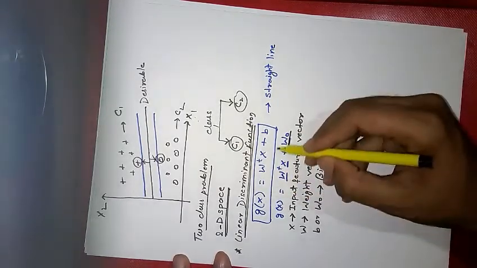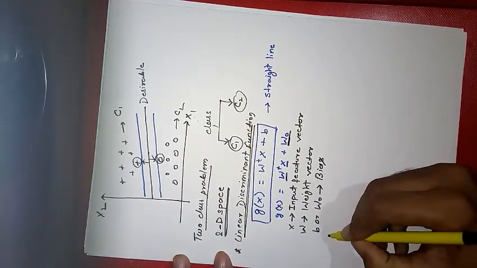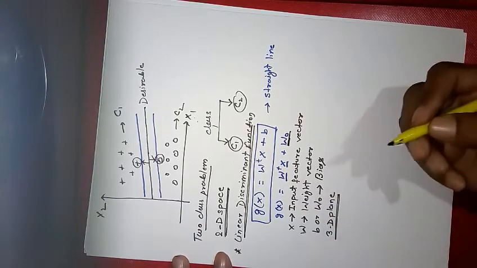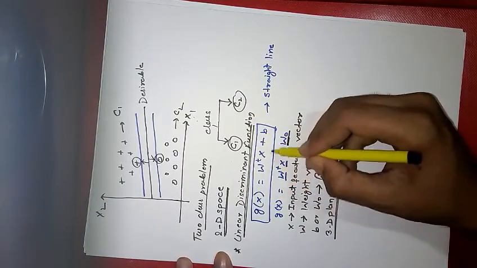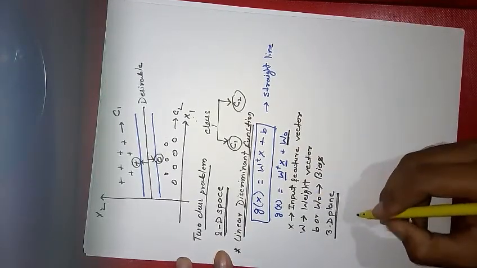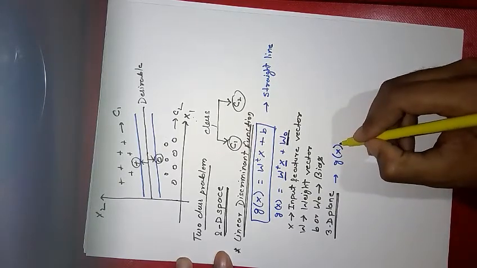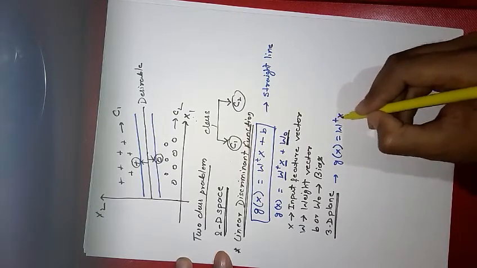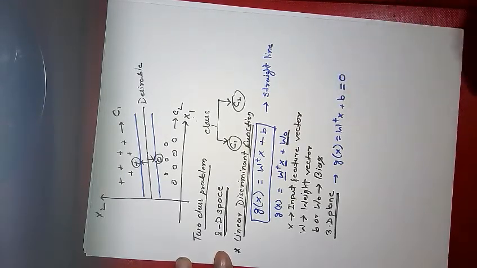Well, so this equation is for 2D space. Now if there is a 3D plane, then the linear discriminant function g of x equals w transpose x plus b can be written as g of x equals omega transpose x plus b equals 0.